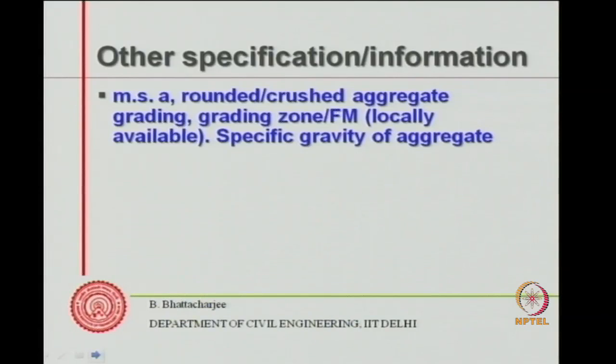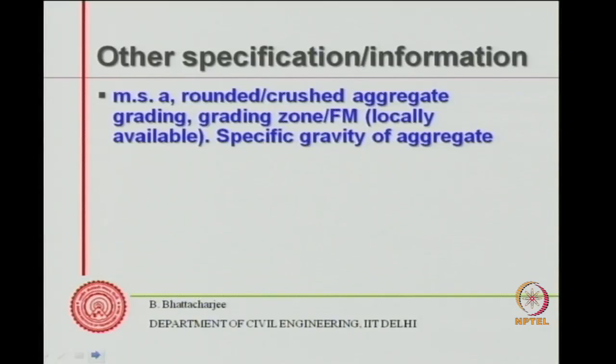But what at the moment we want to understand is the maximum size of aggregate is an important information one would need to do the mix proportioning. All right. Then whether the aggregate is rounded or crushed.